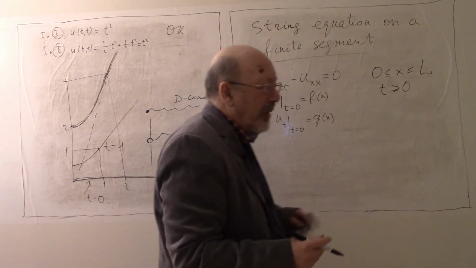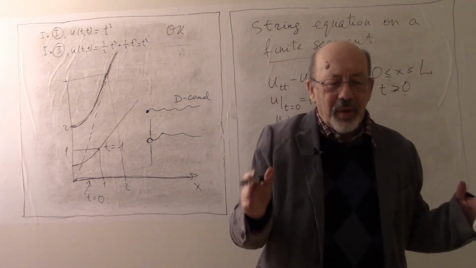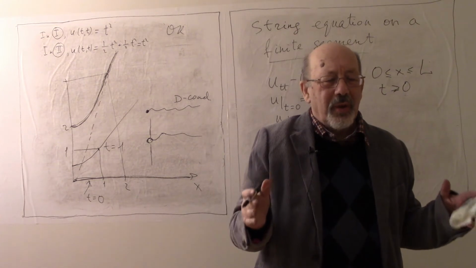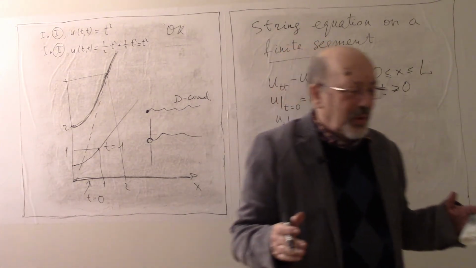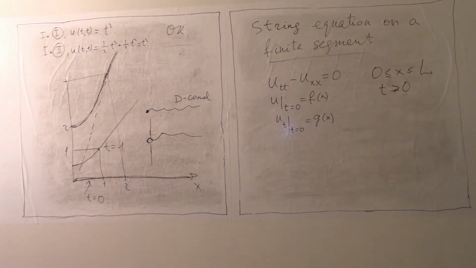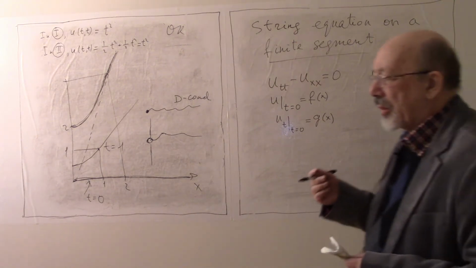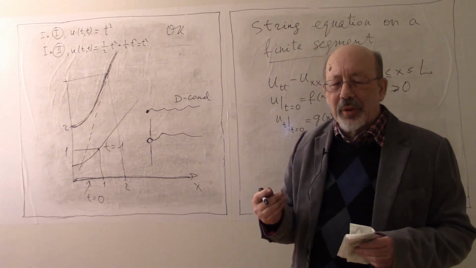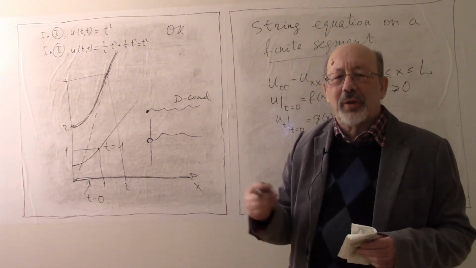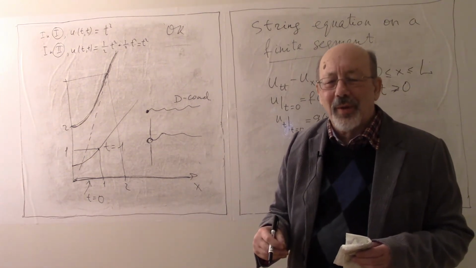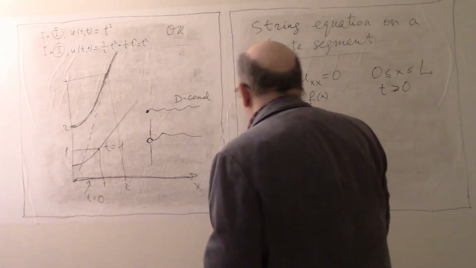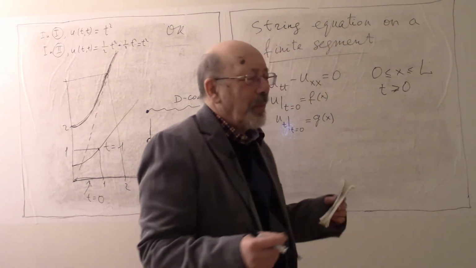Yes? And what to do at the endpoints? We also have to say something about the function at the endpoints. We have already two sorts of boundary conditions, D condition and N condition. And we can have here four combinations.